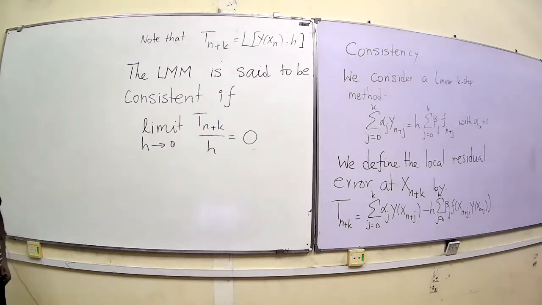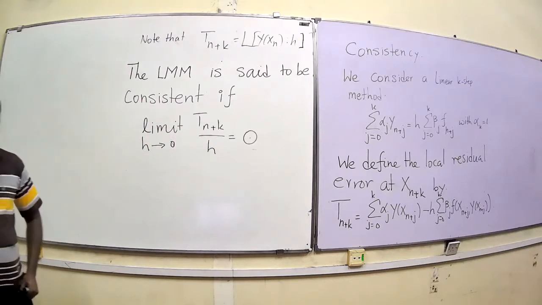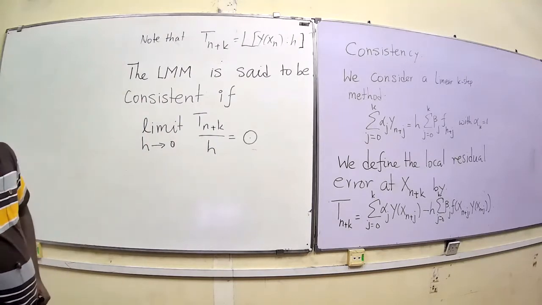So we define the consistency as this: local truncation error divided by h goes to 0 as h goes to 0.